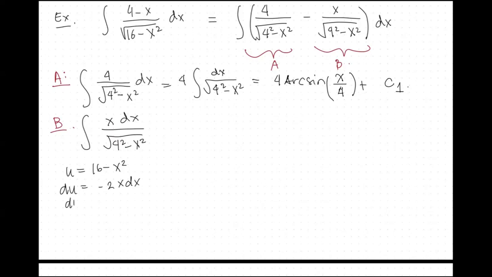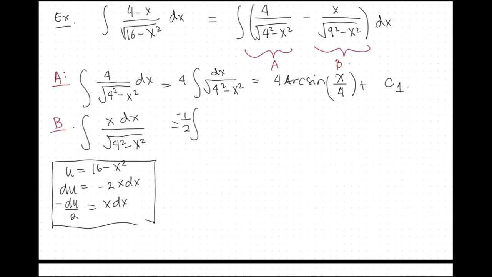So we have du over negative 2 is x dx. All right, put it in the box and then write this as follows. So we have negative 1/2 and then du over u raised to 1/2, or square root of u is u raised to 1/2.